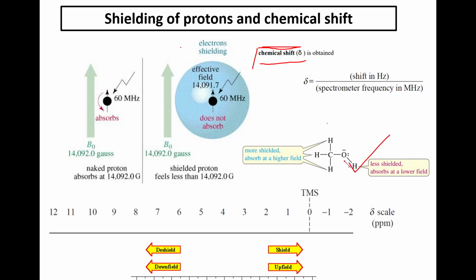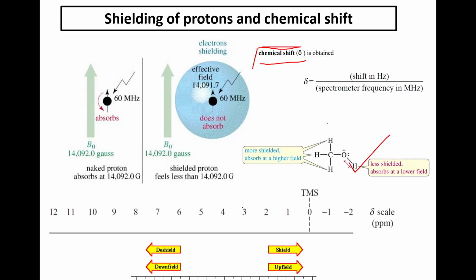Because these electrons are moving, they create an electric field as well as a magnetic field. That magnetic field will oppose the external magnetic field, due to which, if your external magnetic field has a certain field strength, this nucleus will not face the exact 60 megahertz external magnetic field frequency, because there will always be a decrease due to the internal magnetic field generated by these electrons.